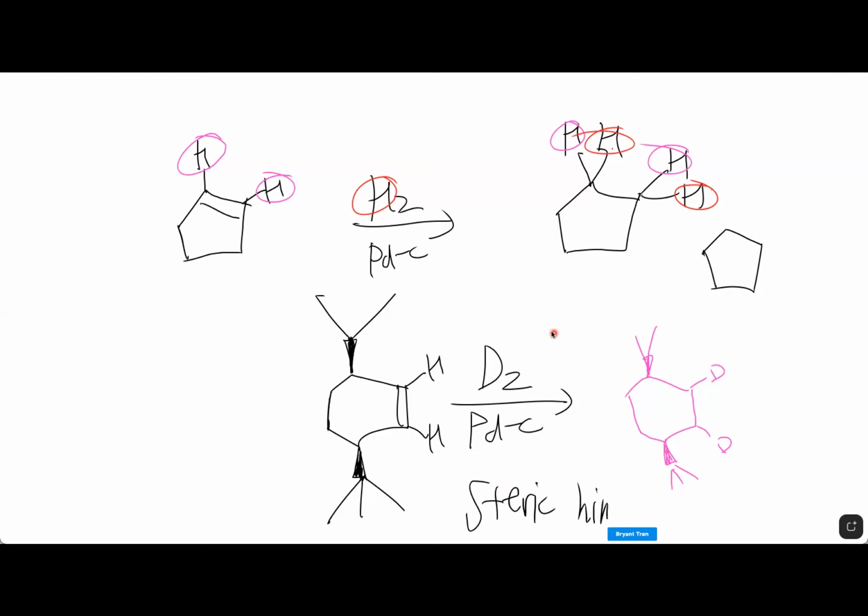Because the top one has a lot of steric hindrance. There are a lot of bulky groups blocking the D's attack on that alkene. So it doesn't want to go on top because there's too much steric hindrance. It wants to go on the bottom because there's more space and less steric hindrance. So that's why they have to be dashes.